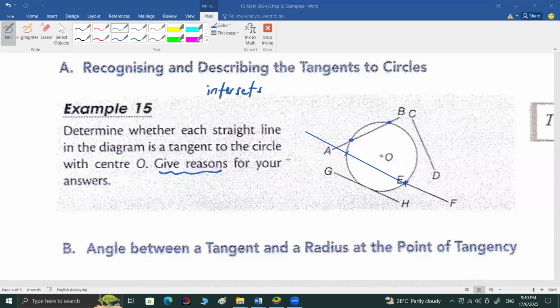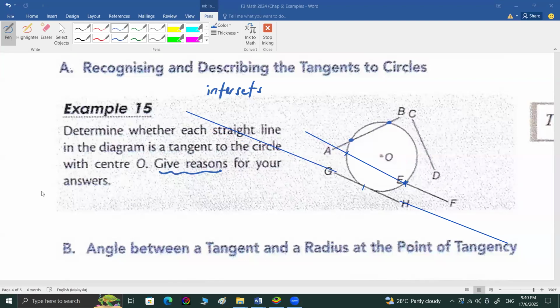It touches the circle at only 1 point. So EF is not the tangent. A tangent must cut 1 point only. No matter where you extend it, it will cut 1 point only.